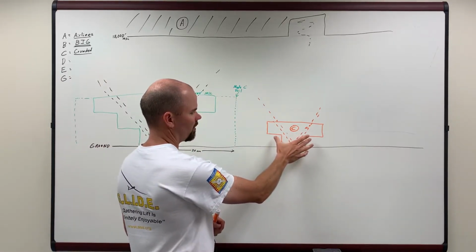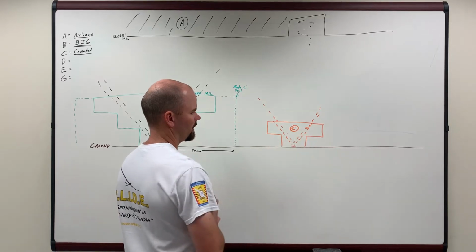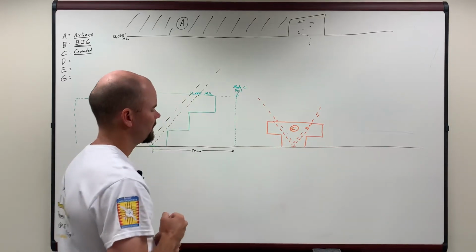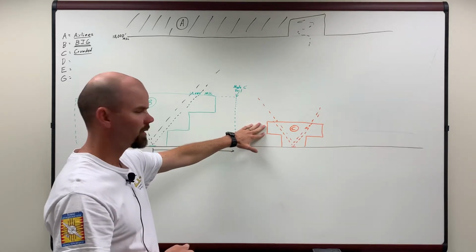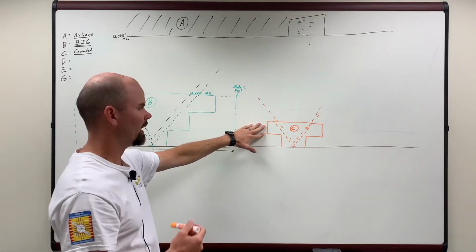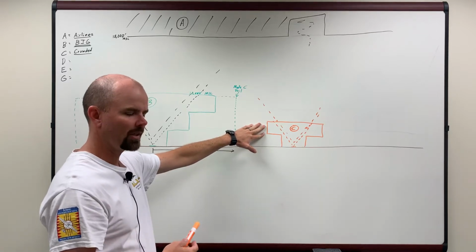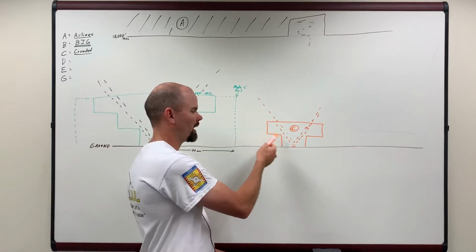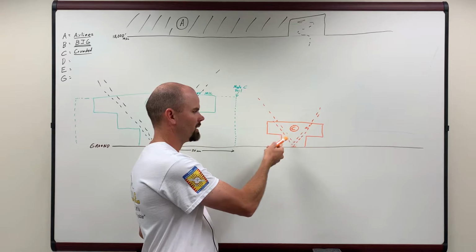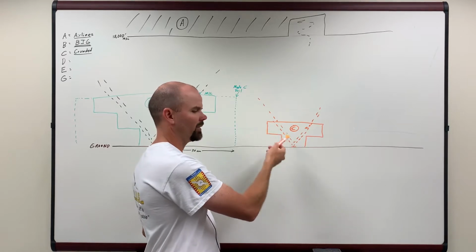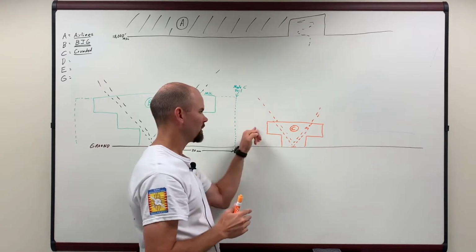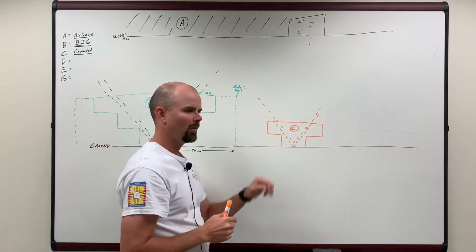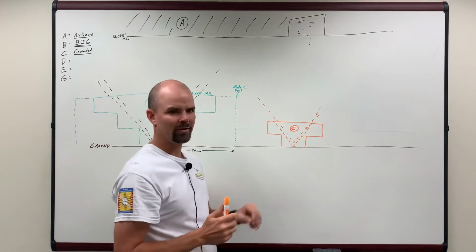To get into Class Charlie airspace, you just need to establish communications. They don't say "cleared to enter the Class Charlie airspace." You establish communications with ATC, and then you just have to follow their instructions.